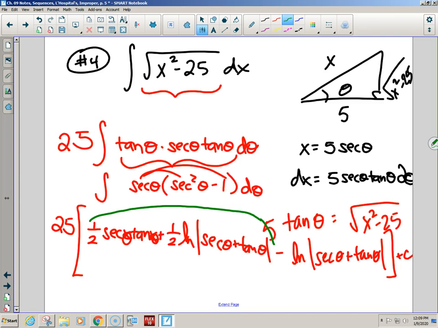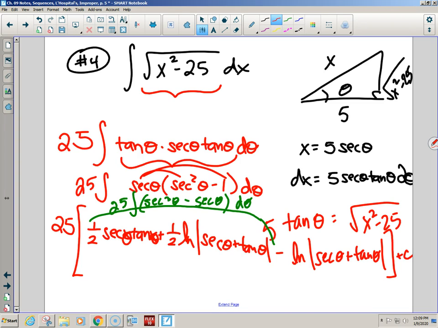So here's my secant cubed from the board. Here's my secant cubed integral. Here's my secant integral. The 25 on the outside. Do I have some like terms I can combine?